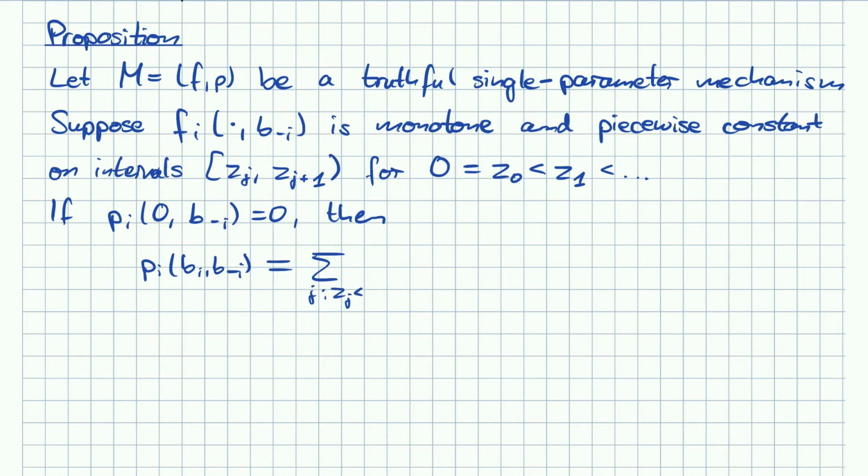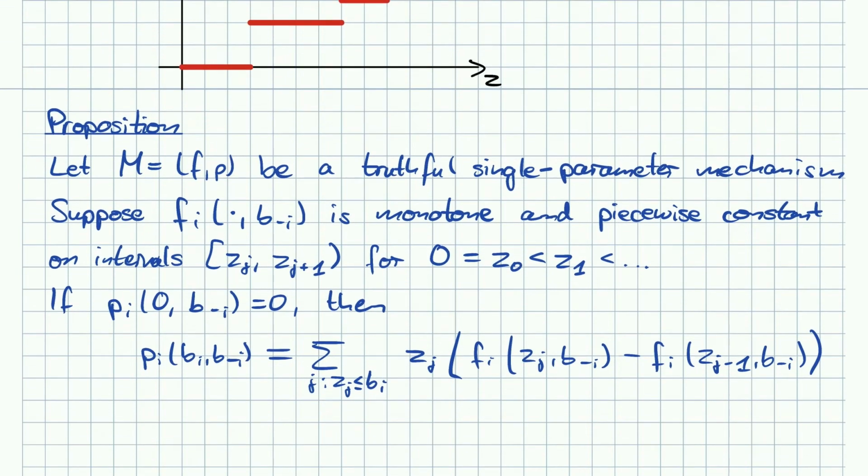Because what we're doing here is we're summing up over all zj's, which are the endpoints of the intervals that are at most bi, and then we get zj times fi of zj comma b minus I minus fi of zj minus 1 comma b minus I.